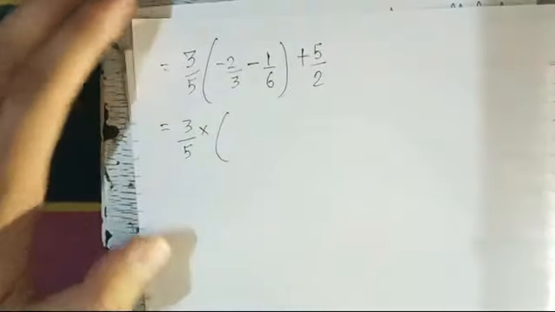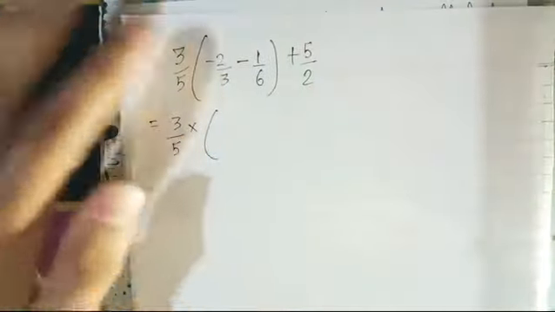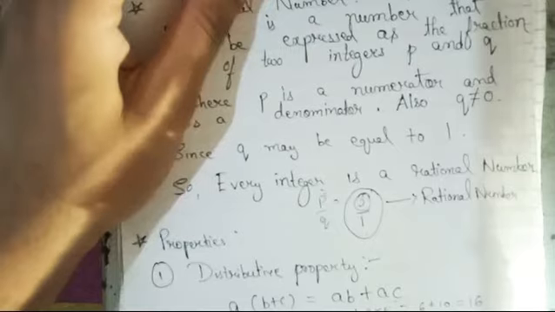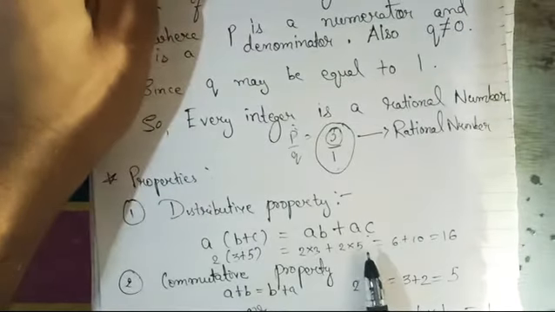Okay, so before proceeding to LCM, which property we have used, that has to be written here. Okay, I have taken common. Just remember the property first, distributive property. Just have a look on this property, that A into B plus C I have written as AB plus AC.